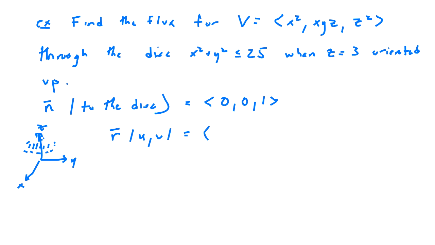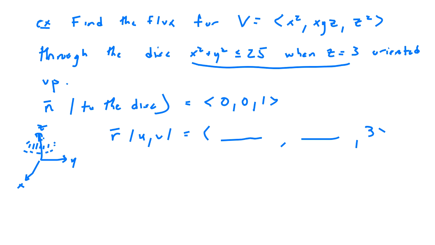So here's x, here's y, and then we have z. So let's start off with z. What is the parameterization for z? Here's our surface, 3. We know from the last one that in the next step, what we're going to do is take the dot product of these two.